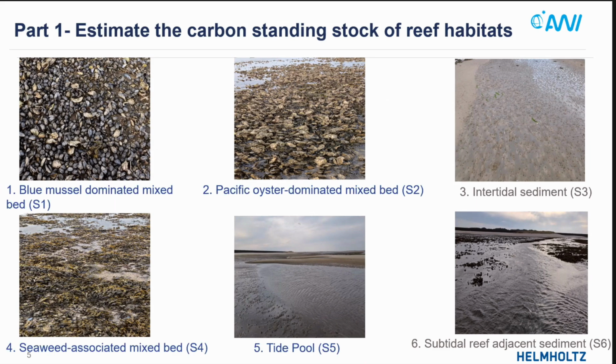The second was the Pacific oyster dominated mixed bed, or S2. The third was intertidal sediment, S3, which was taken as control. The fourth was the seaweed associated mixed bed, a Fucus species, brown algae. The fifth was the tide pool, or S5, and then the reef adjacent subtidal sediment, or S6.